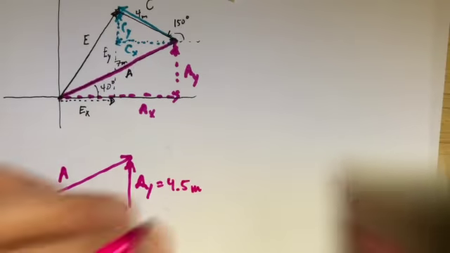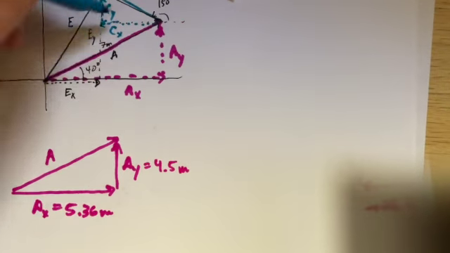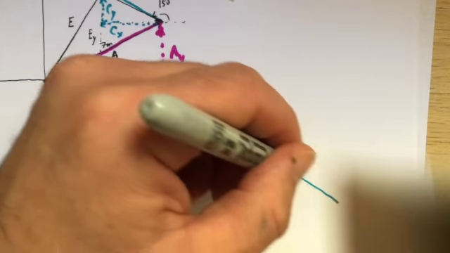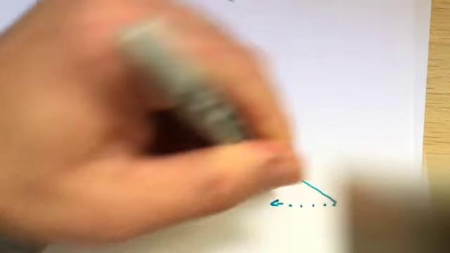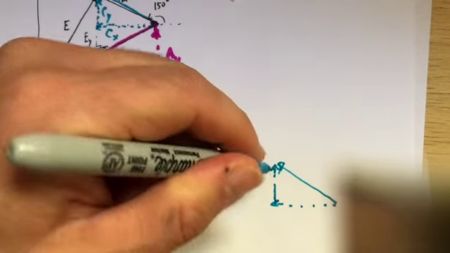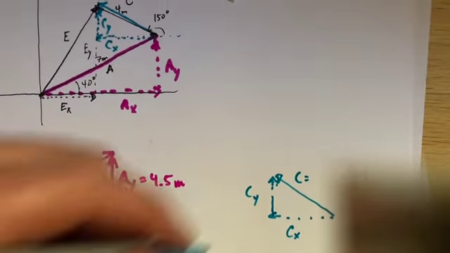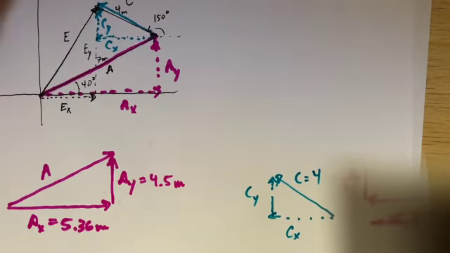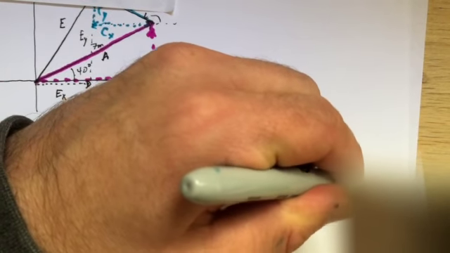So let me do C now. C sort of comes the other way. So here's CX, CY, and C. C is 4, and the angle is 150 degrees.